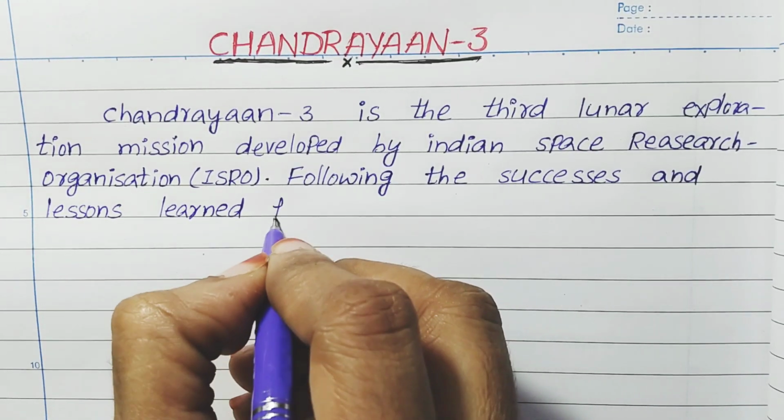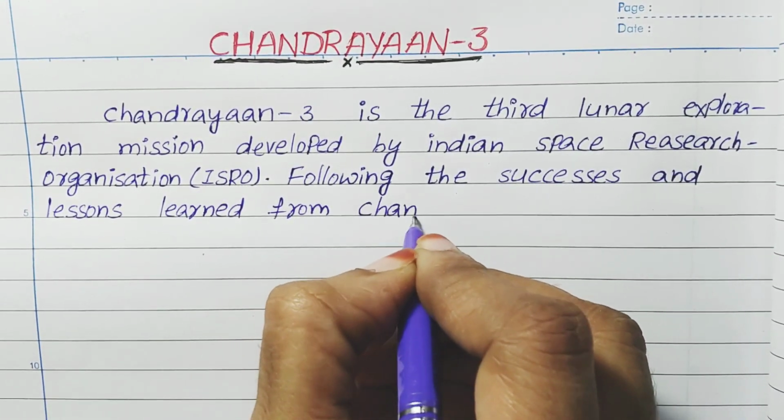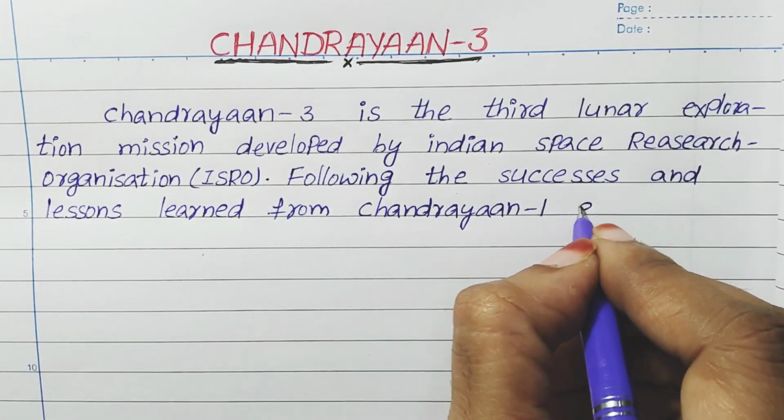Chandrayaan 3 is the third lunar exploration mission developed by Indian Space Research Organization, ISRO.